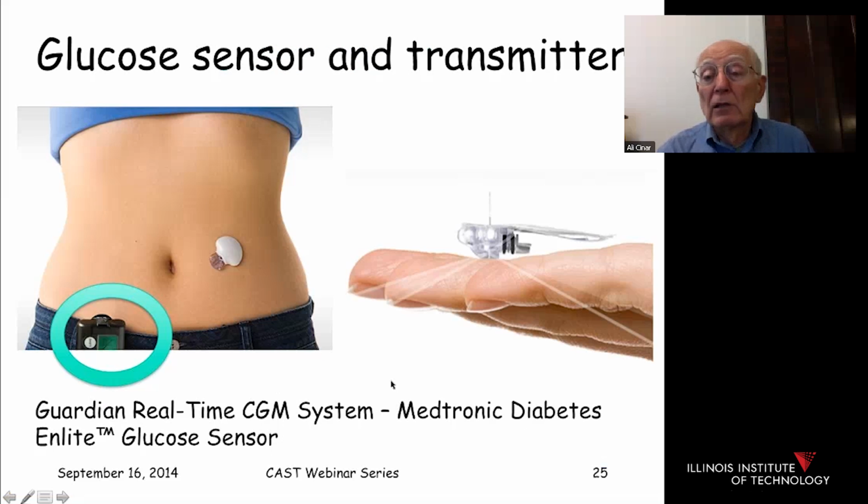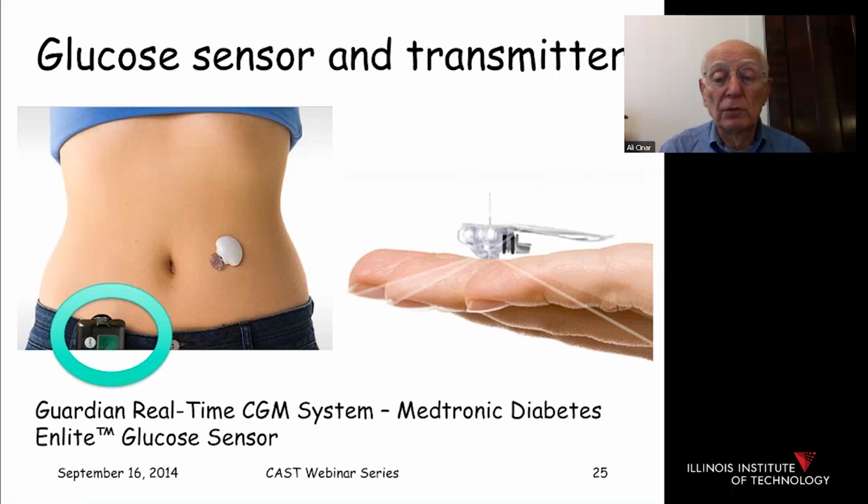And the size of a sensor, if you look at this tip compared to the size of the hand, will give you an idea about the size of the sensors that are inserted under the skin. And this white portion is just a transmitter that connects wirelessly either to a continuous glucose monitoring system, or, as we will see later, to a pump directly.